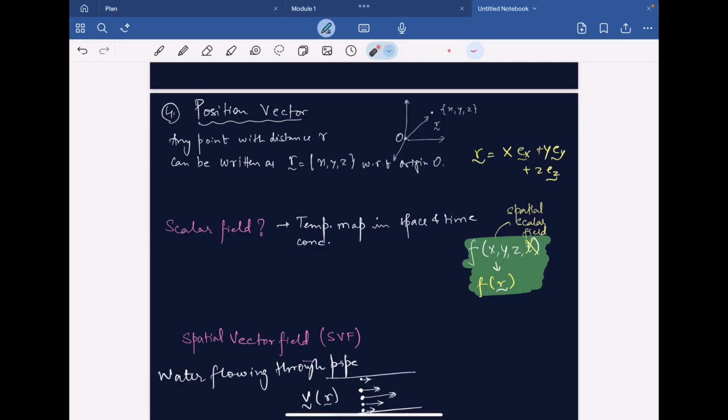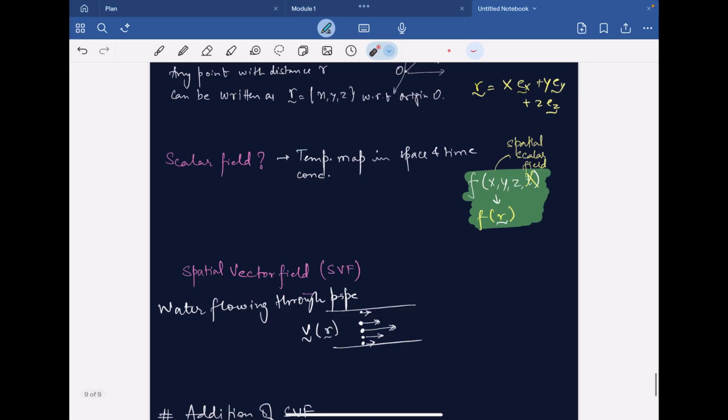So temperature can be varying in X, Y, Z and time. If you want to define a spatially varying scalar field, then you would have temperature varying in x, y, z. Sometimes in textbooks it is also written as T(R), temperature varying along the various position vectors. So they all mean the same thing.